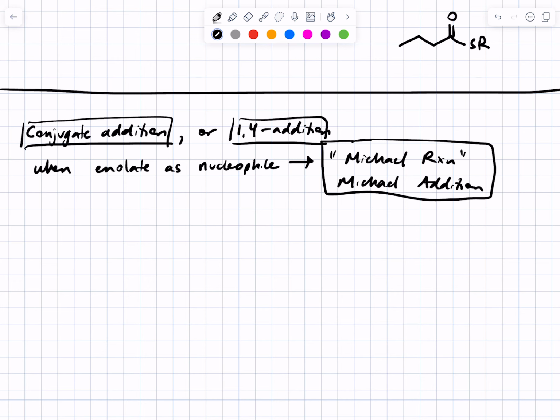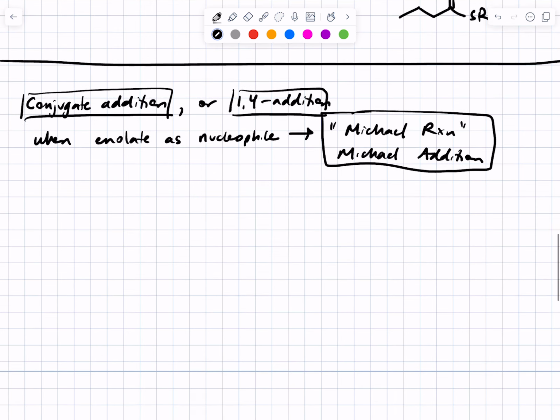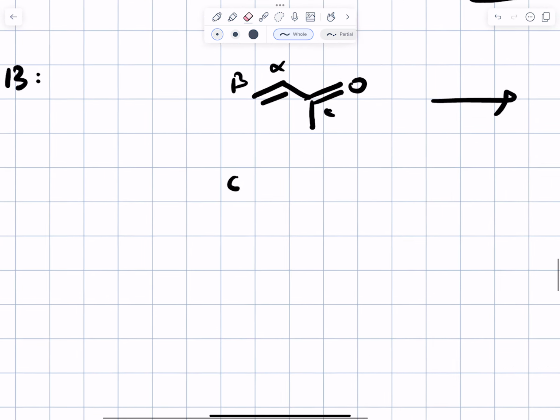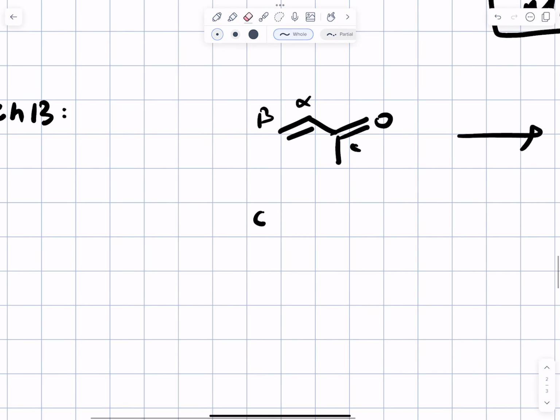As I said before, you've seen this in chapter 13 when we had an alpha beta unsaturated carbonyl compound, and then we used, say, a cuprate reagent. I don't know which one to choose, so we'll keep it simple.